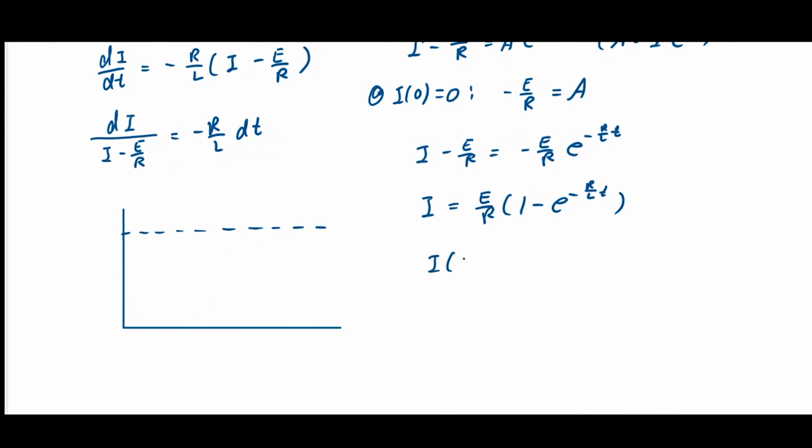I at 0, if you put 0 here, then this thing becomes 1, so 1 minus 1 is 0, so we have that part checked right here. And then we take the limit of I as t approaches infinity, and then this exponential function dies, so we have E over R. So this E over R is your asymptote.